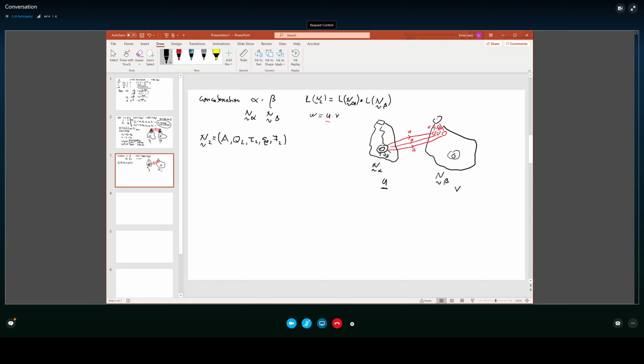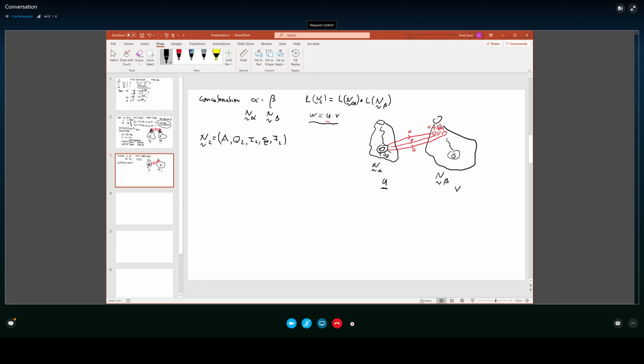And doing this allows us to make that jump from the first automaton N sub alpha to the second automaton N sub beta, because if we want to get this word accepted in that new automaton N2, then we first have to accept u in the first automaton N sub alpha, and then v in the second automaton N sub beta.